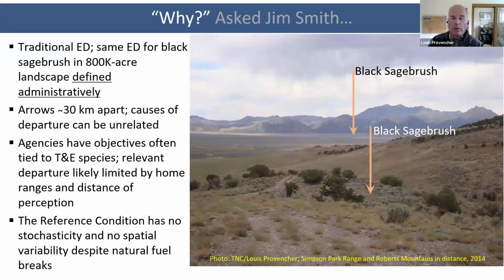The problem is when you have traditional ecological departure, you can look at this landscape. This is one of that 880,000 acre landscape we worked in. And the boundary of the project is administratively defined. I picked here in these 2 arrows, black sagebrush.